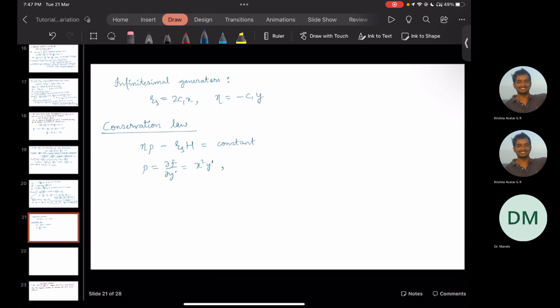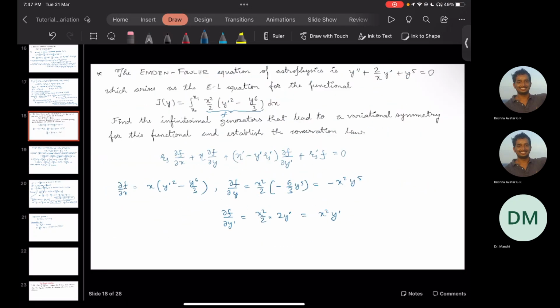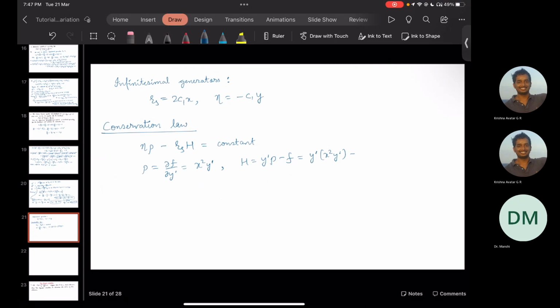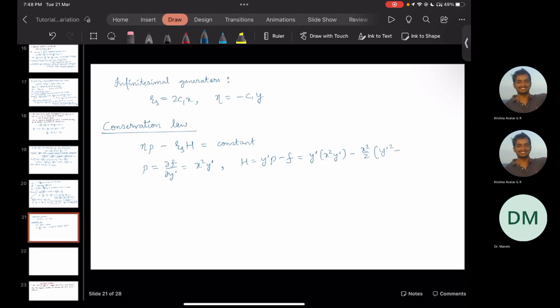And h is equal to y prime p minus f. So y prime into x squared y prime minus of x squared by 2 y prime squared minus y to the power 6 by 3.